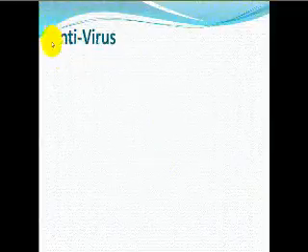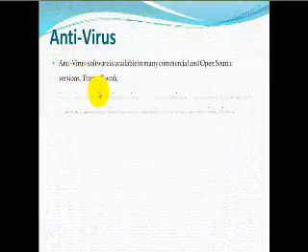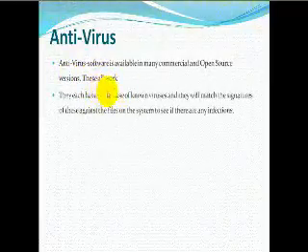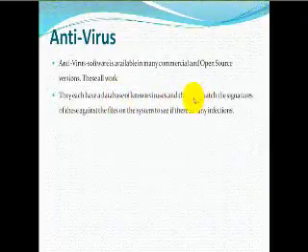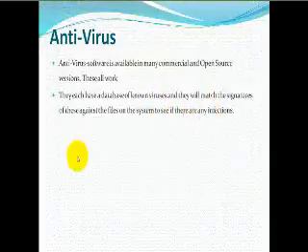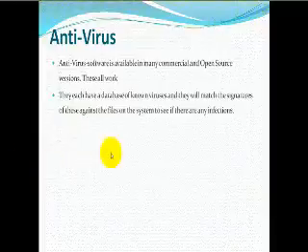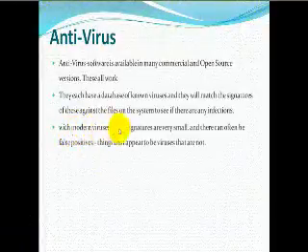First, let's take a look at antiviruses. Antivirus software is available in many commercial and open source versions. They each have a database of known viruses, and they will match the signatures of these against the files on the system to see if there are any infections. Very simple mechanism: they have a signature database and they match against the system files.